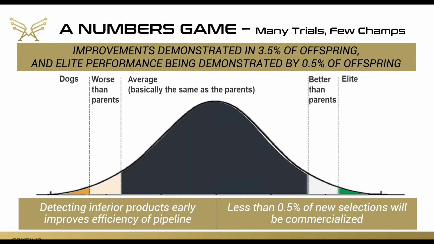And then the real elite is a fraction of those. And so what you're really trying to do is say, how do we use these tools? How do we use breeding and phenomics to eliminate the dogs and not even worry about them sooner and really focus on that elite? And that's whether it's strawberries, whether it's corn, whether it's wheat. How do we get that to the producer's market better and faster?